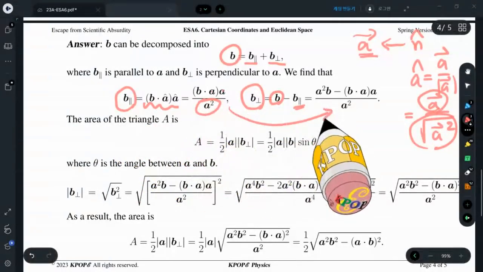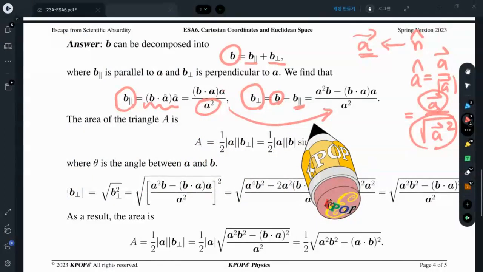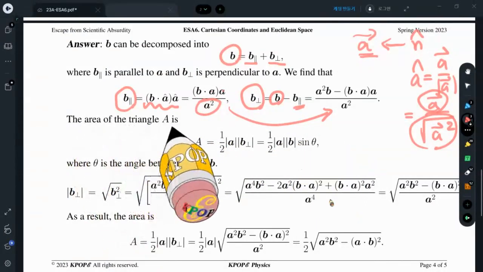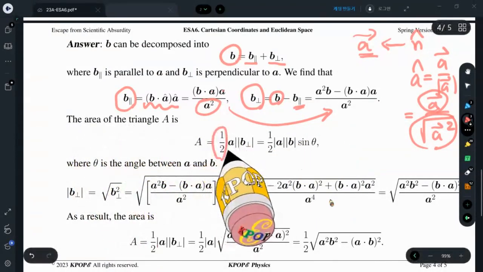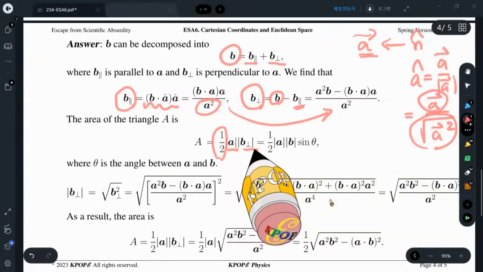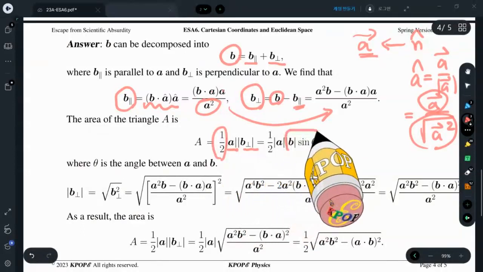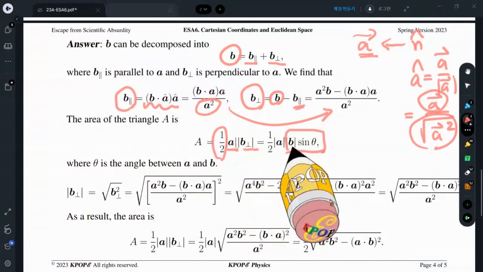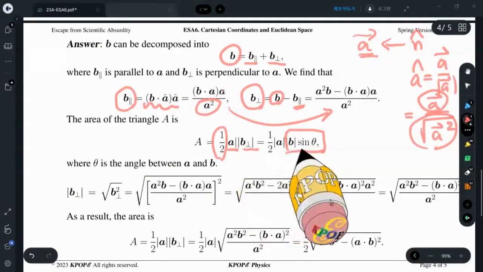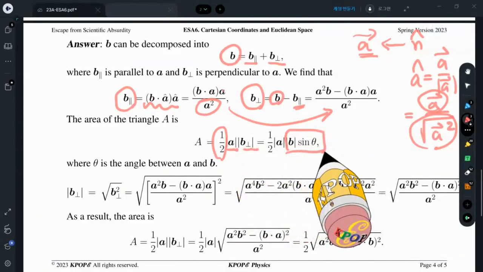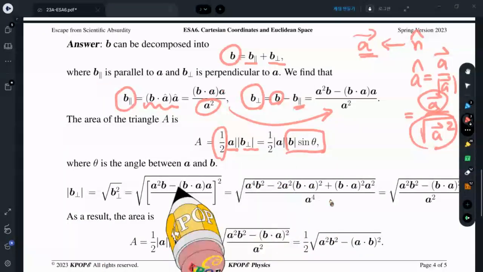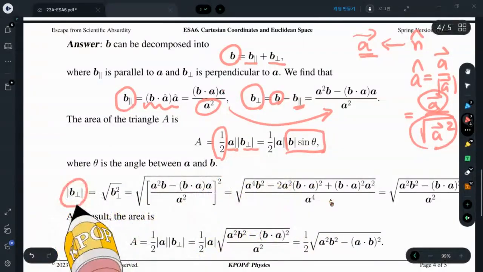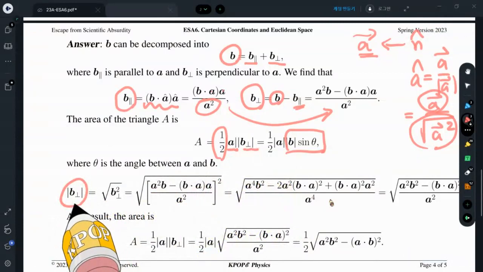This is trivial algebra. Now the area of a triangle is one half base times height. Middle school students know that the height is the length of B multiplied by sine theta, where theta is the angle between A and B. Now we compute this B perpendicular magnitude.